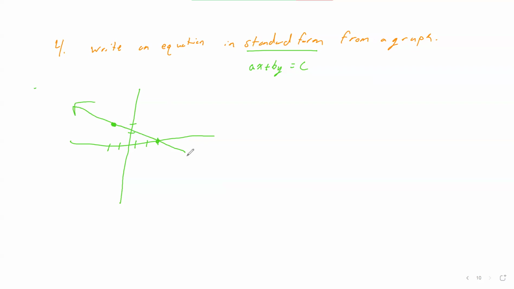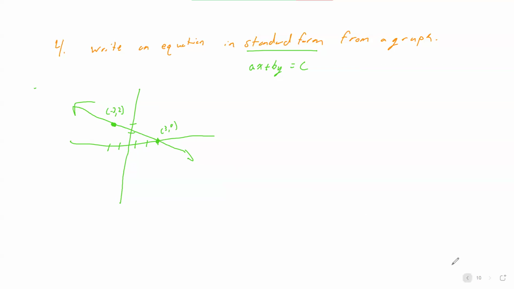I went left 2 and up 2. And then this one's 3, 0. It's okay. I try to get 2 good points. You'll be able to get a good graph and pull 2 good points from it as well.